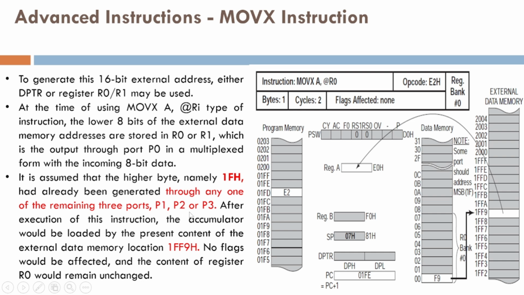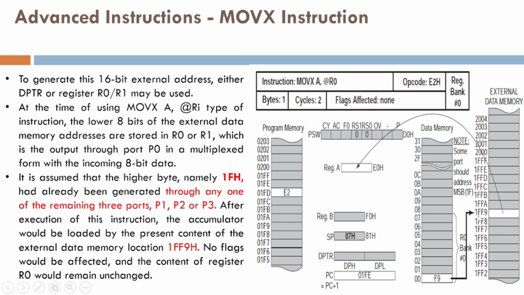That means you send 1F through port P1, P2, or P3. Port 0 is used to generate only the lower order address, but any one of port 1, port 2, or port 3 can be used to send the higher byte, which is 1F.